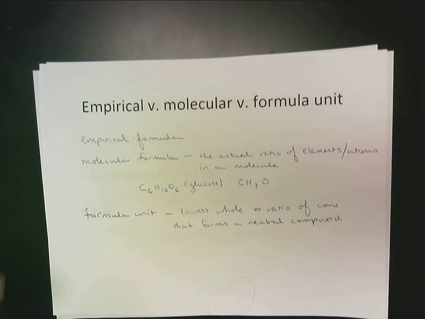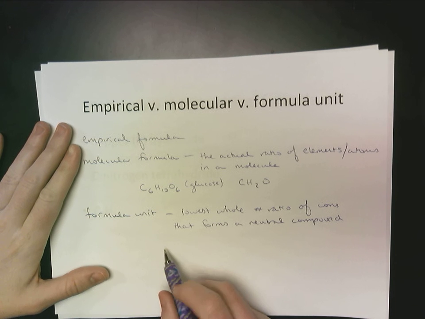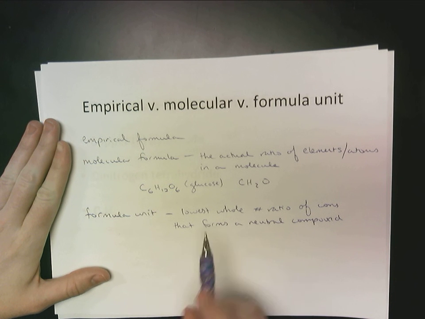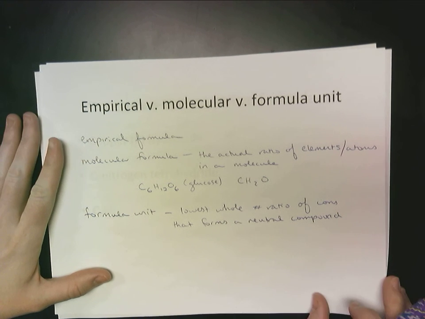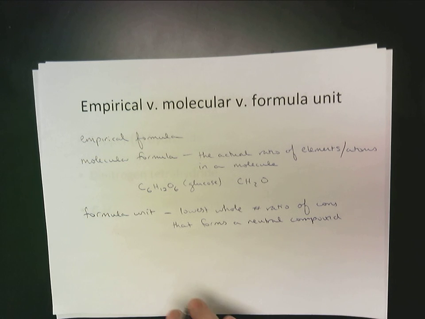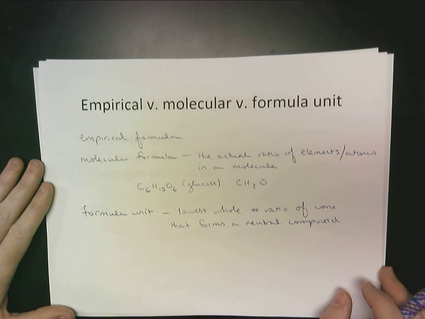So an ionic compound is completely held together by ionic bonds, so it's inappropriate to talk about it in terms of molecules. Molecular formula, we are talking about discrete molecules that are interacting with their neighbors in unique ways.